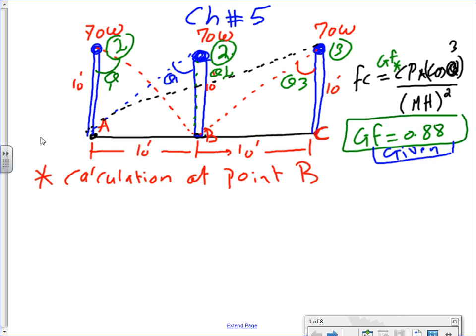Okay. So I have fixture 1, fixture 2, fixture 3, and I need to do a foot candle calculation at point A, point B, point C. Everybody can see what this means. I need to do the calculation at point A, which is directly under 1, point B, which is directly under 2, and point C, which is directly under 3.